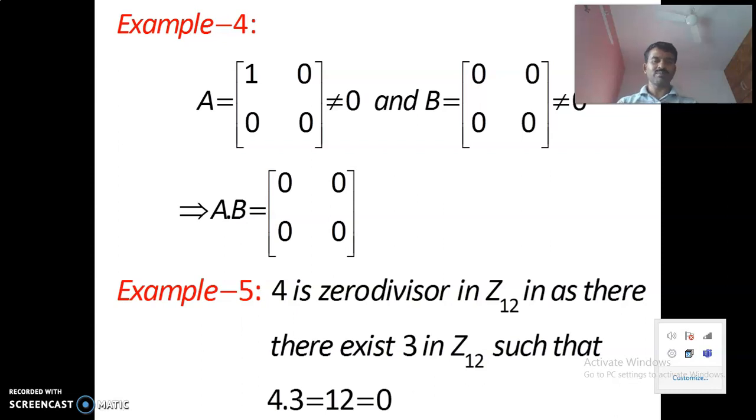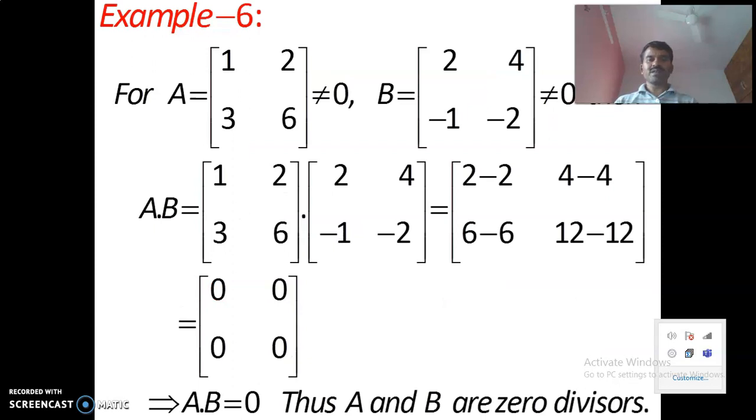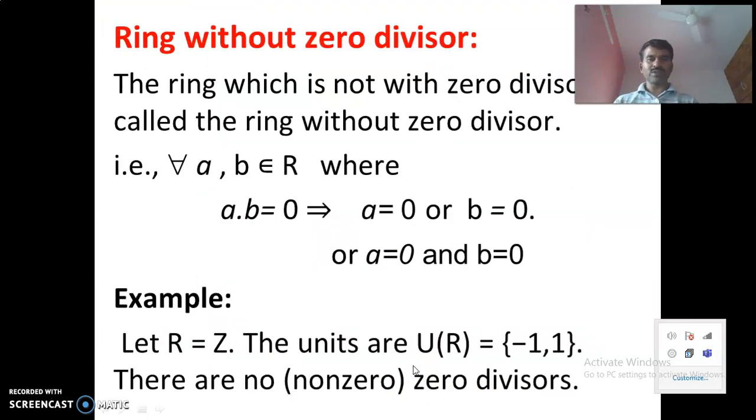The factors of 12 are 4 and 3, or 6 and 2. That is why 4 is a zero divisor in Z12.